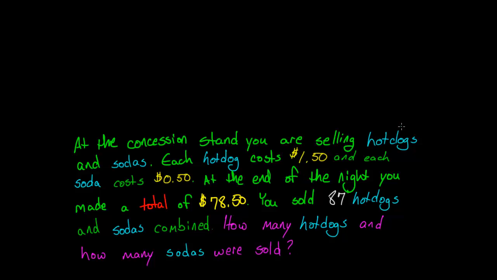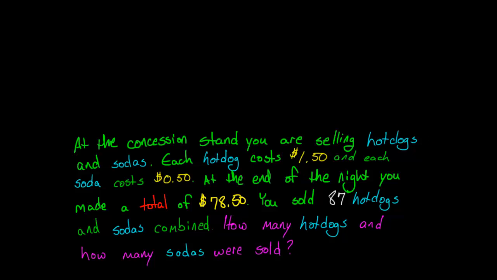It says, at the concession stand, you are selling hot dogs and sodas. Each hot dog costs $1.50, and each soda costs 50 cents. At the end of the night, you made a total of $78.50. You sold 87 hot dogs and sodas combined. And now the question, how many hot dogs and how many sodas were sold?